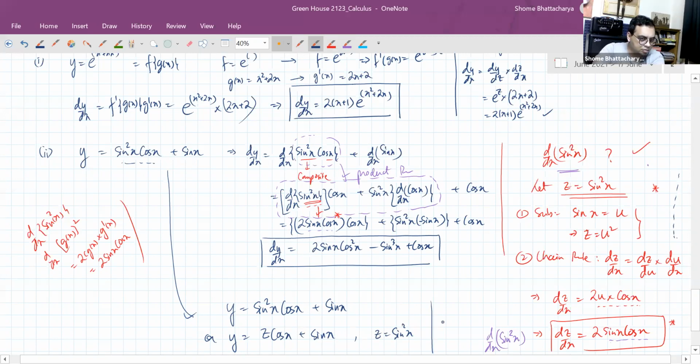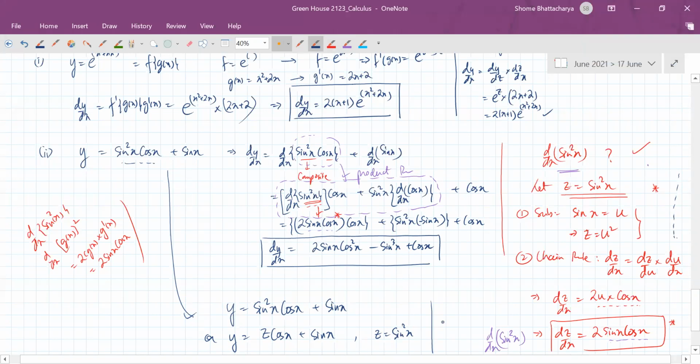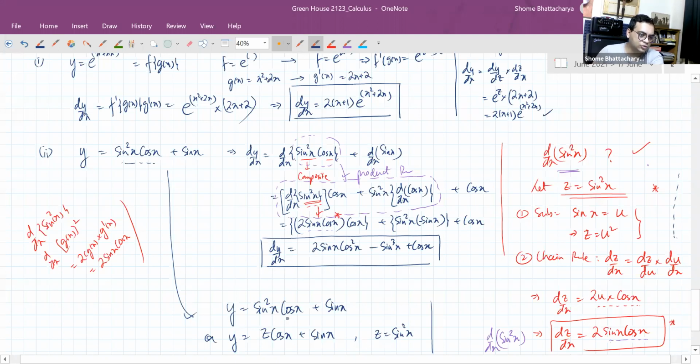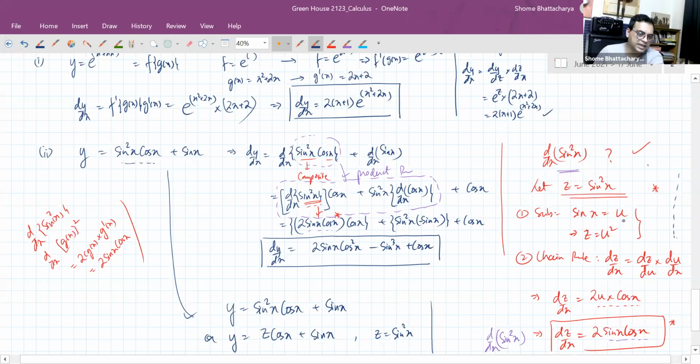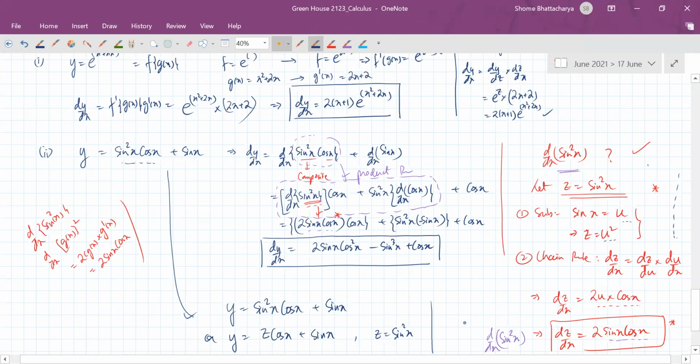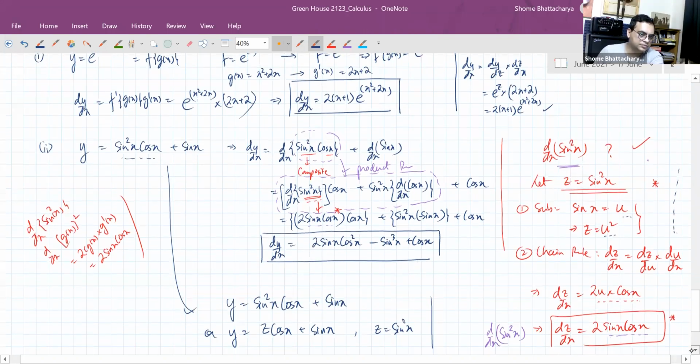Z would be sin x. No, z is sin square x, son. Because z is the term I took which is multiplied by cos x, and further, sin x is becoming a new variable u. So z is equal to u square. Got it now? Yes. So it's like using chain rule multiple times.